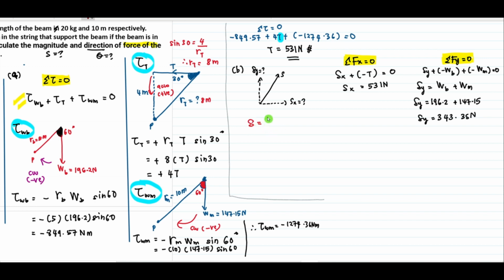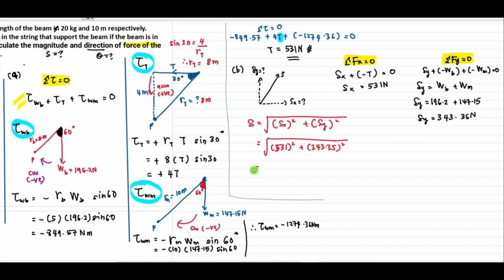So, let's calculate what is the resultant. Kita nak kira magnitude dulu. Resultant force of the hinge on the beam ataupun reaction force ataupun supporting force. Okay. So, saya akan masukkan nilai dia. 531 squared plus 343.35 squared. Okay.